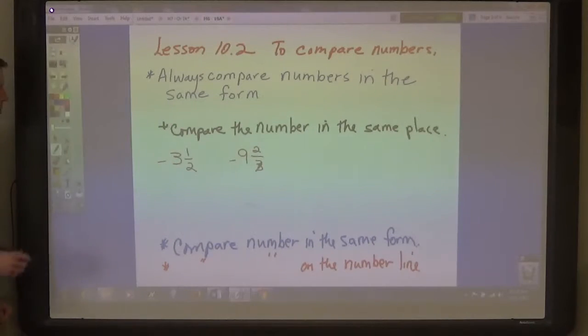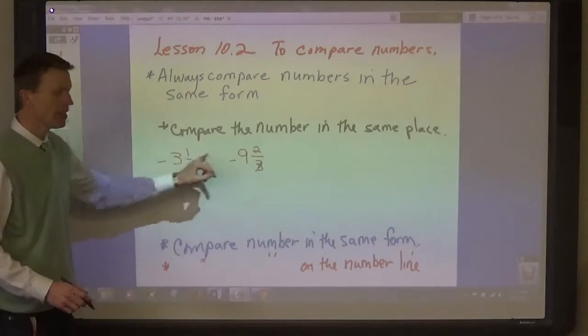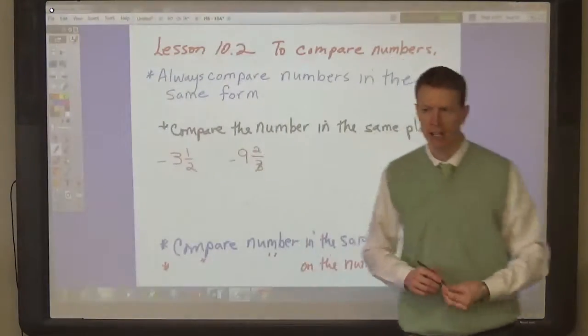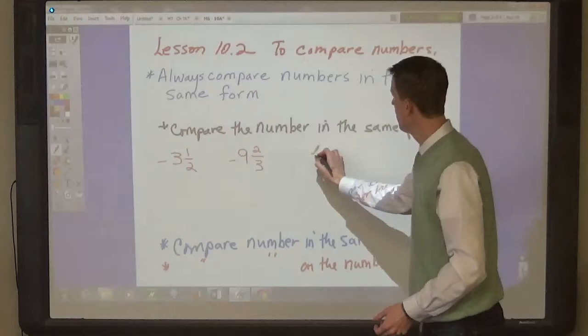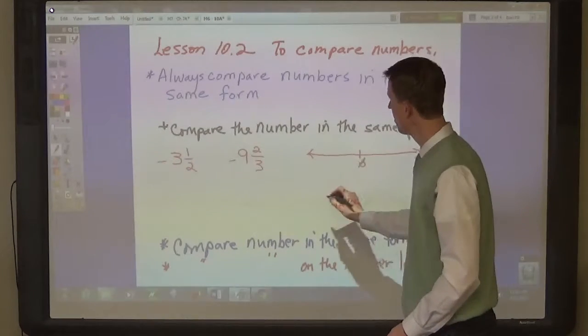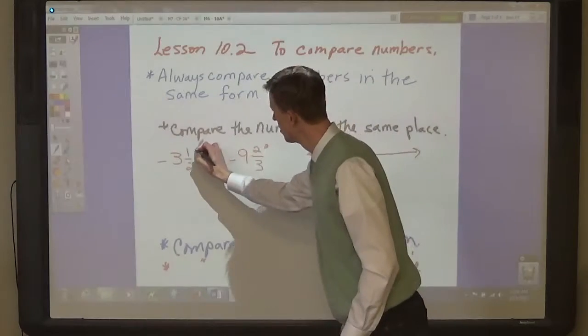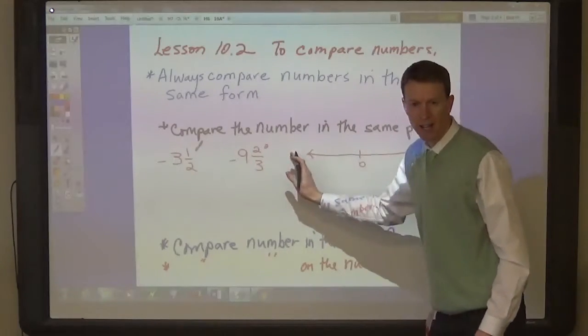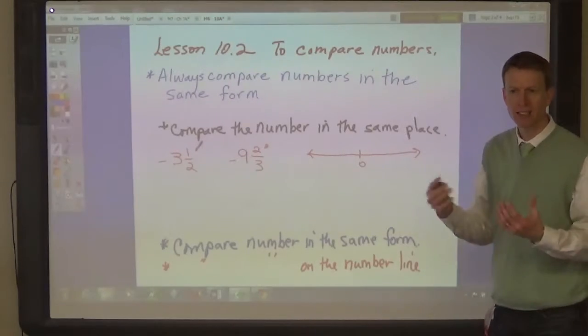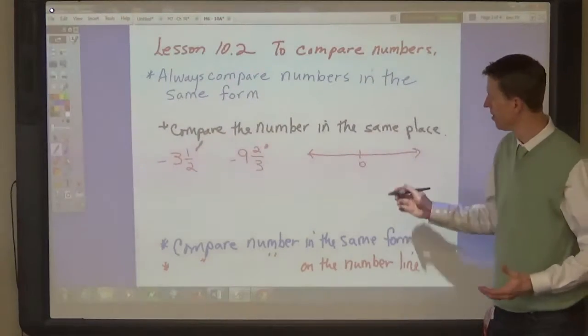Now, when you're comparing positive and negative numbers, you have to remember something about negative numbers. You have to remember that on a number line, or if we think of these as temperatures, the further to the left or the further down it is on a number line, the less of a value it has.